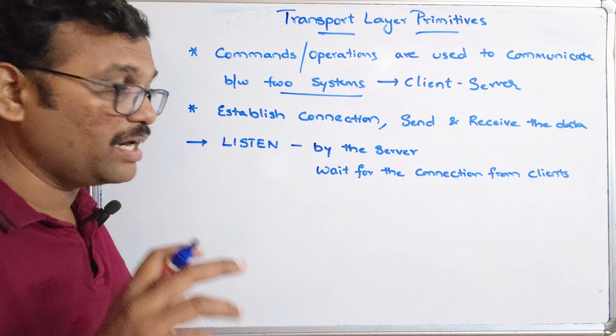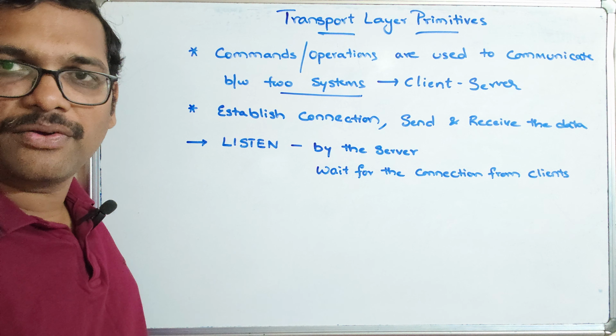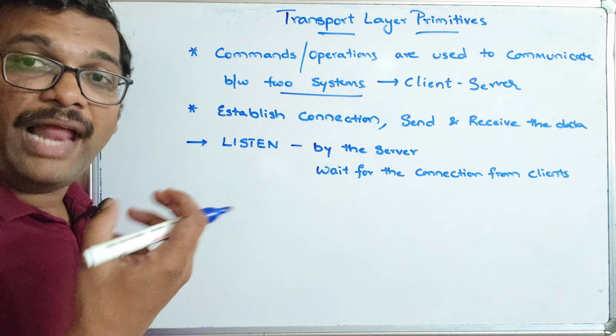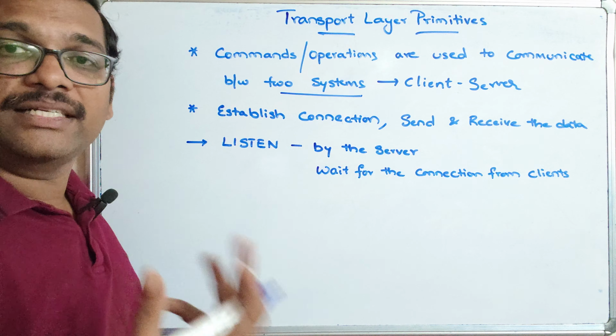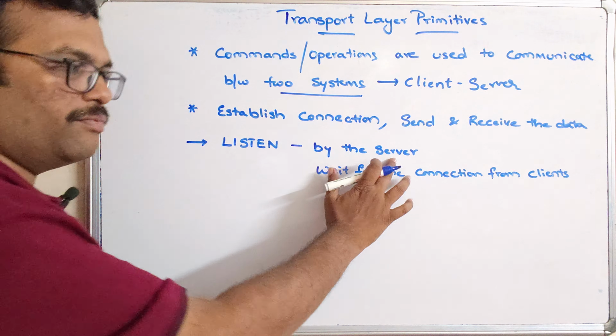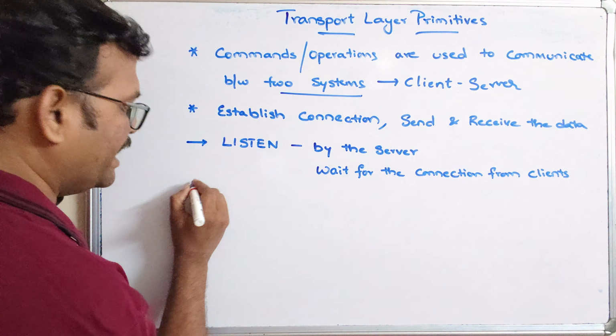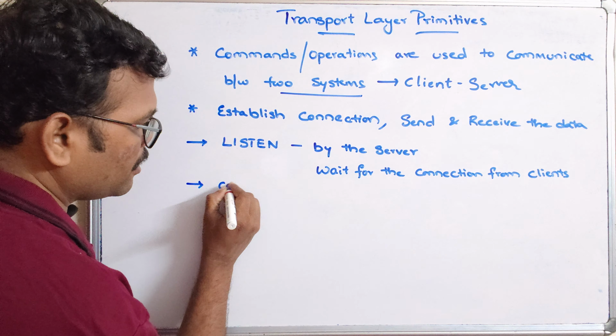All the web pages related to that website will be kept in a web server, in the cloud, and that will accept the requests from different clients. So here also, LISTEN is done by the server and it will wait for the connection from the client. And the next one is CONNECT.